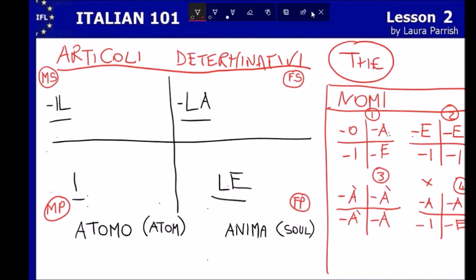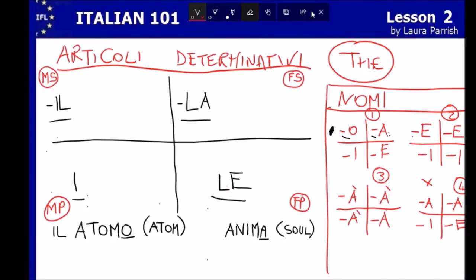Okay, so this word, you know, is masculine singular because it ends in O. This is feminine singular because it ends with the letter A. And I'm pronouncing the letters the Italian way, not the English way, okay? So you know it is this pattern, the most important: O masculine singular, A feminine singular. Anyway, you could use the masculine singular article, il atomo.